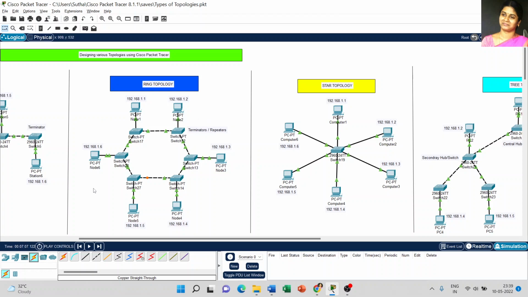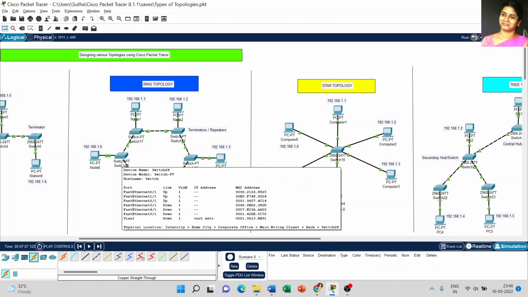In the previous lecture, I explained clearly how to set the IP address and how to change the name of each PC, so you know that very well. Coming to the technical aspect of the ring topology, here is what we have to understand. Each switch or each PC is connected with 2 neighboring nodes.